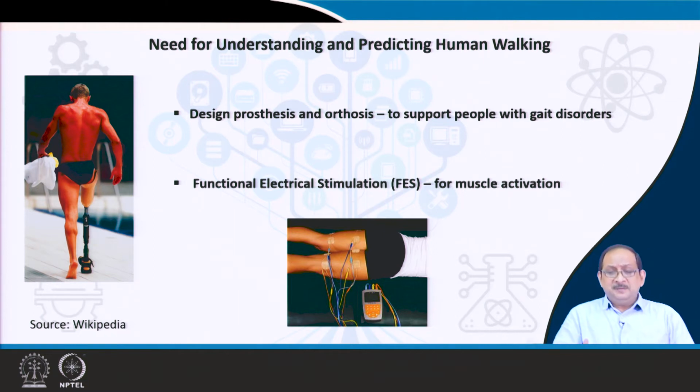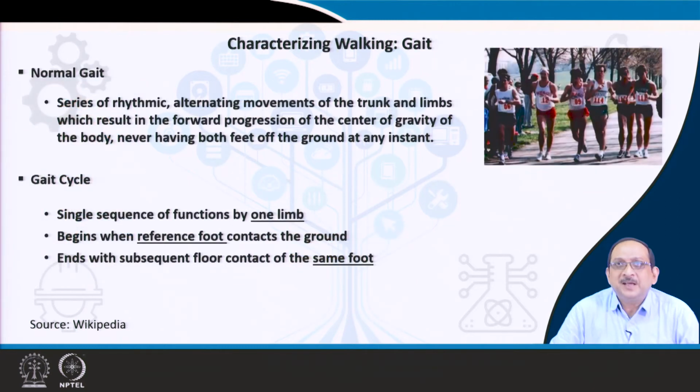If a person encounters spinal cord injury due to accident, muscle activation in a controlled manner can enable the person to walk again. Let us characterize walking and define what is normal gait.